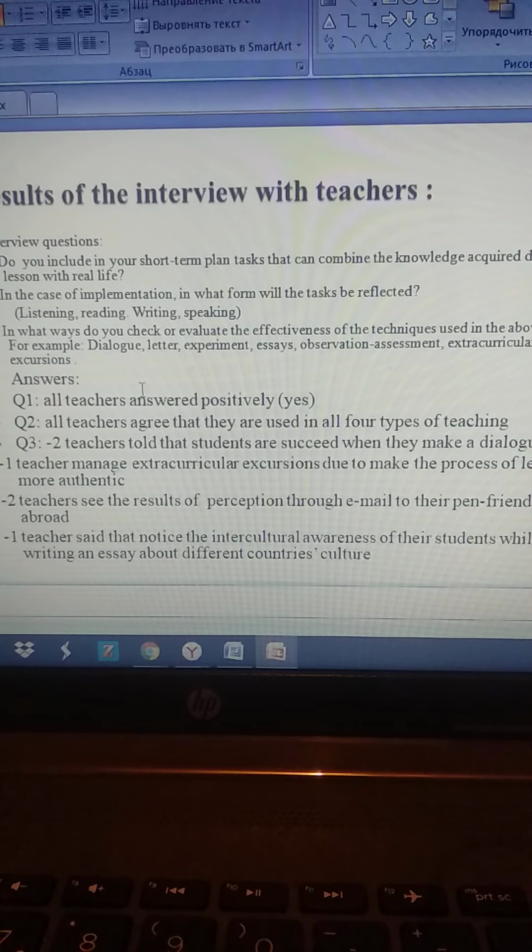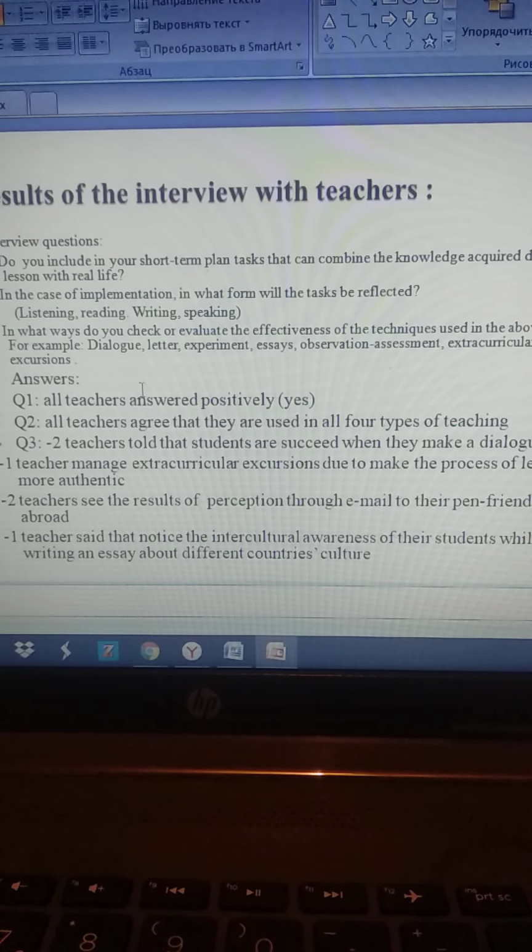So here are the results of the interview with teachers. There were 3 questions related to the developing of socio-cultural competence skills of students. The following answers are: for question 1, all teachers answered positively.